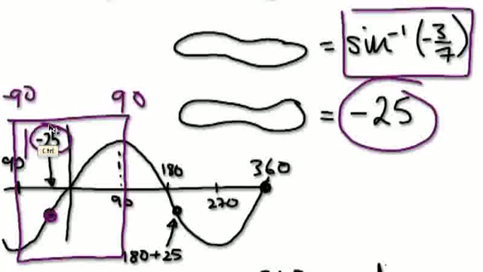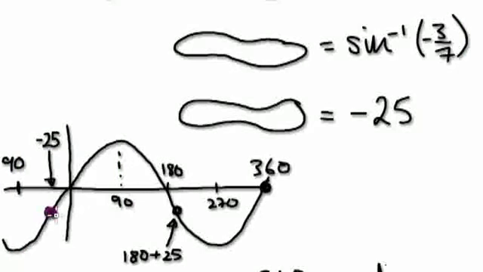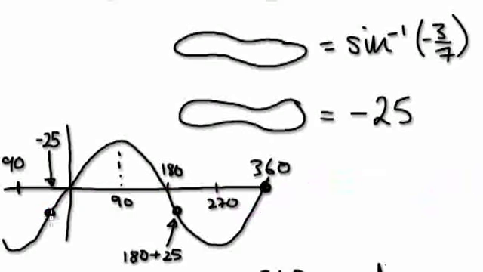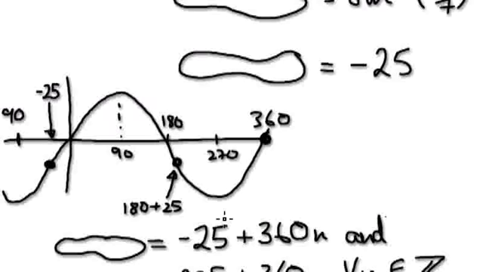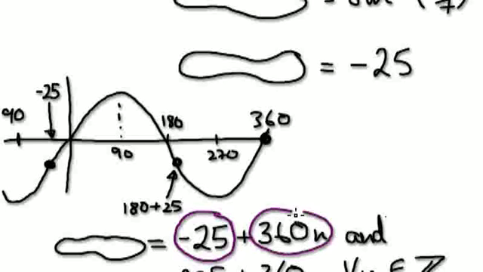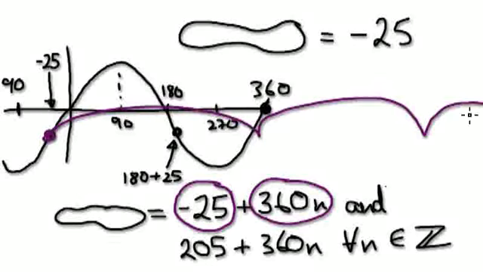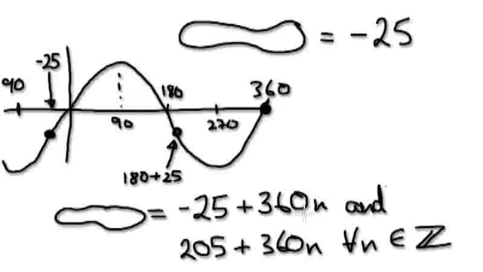Okay, negative 25 here. Now, don't forget, once you've got your first solution, you can add 360. You can keep on adding 360 or taking away 360. So this is your principal solution here, and then you can keep on adding multiples of 360. That's why we've got this bit here.